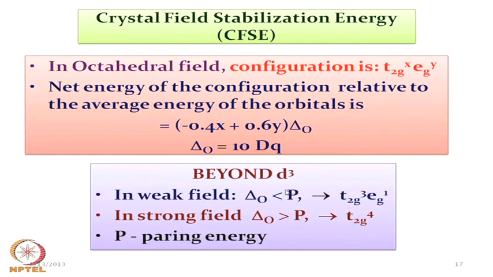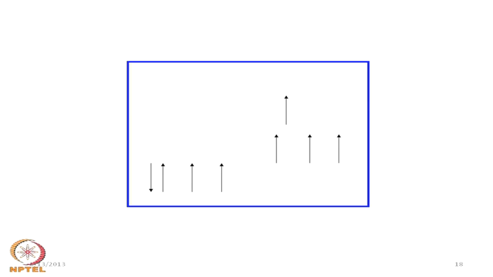And we have seen that beyond d3, when we have the d4, d5, d6 and d7 situation, we have seen just now that in weak field case delta is less than P, and in strong field case delta is greater than P. We have the t2g4 configuration compared to t2g3 eg1 configuration, where the P term we have also considered as the pairing energy which will control the corresponding spin state.